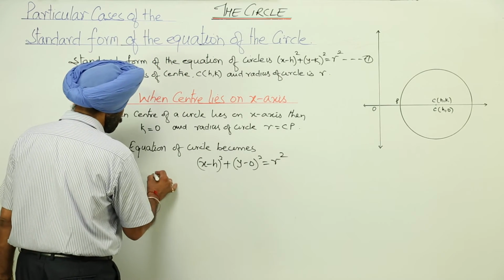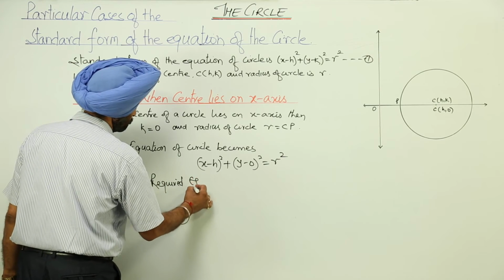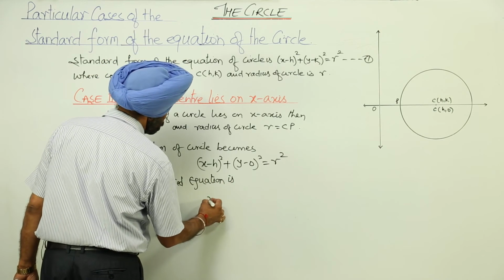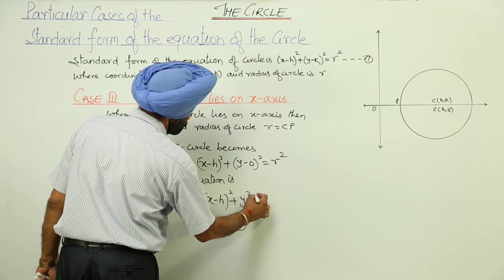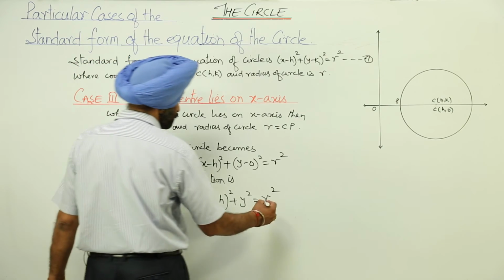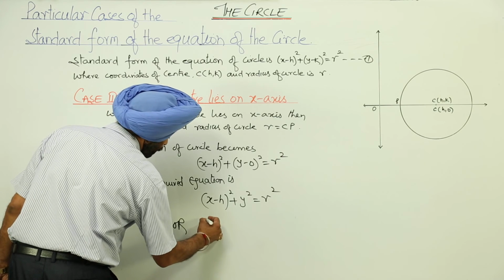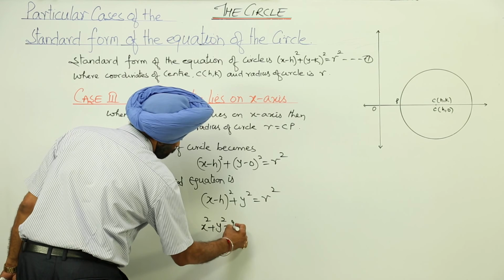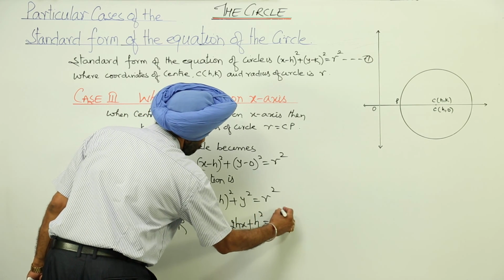Now required equation is x minus h whole square plus y square is equal to r square, or we can write it, or just expand it, x square plus y square minus 2hx plus h square is equal to r square.